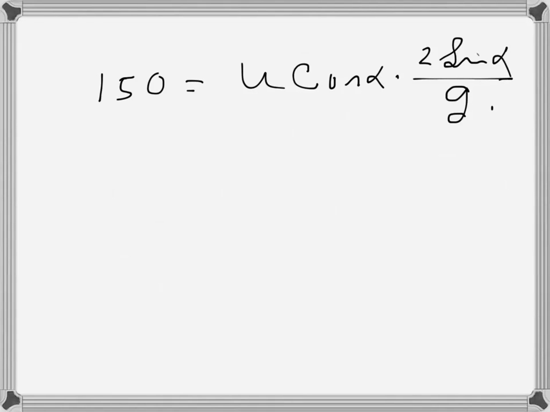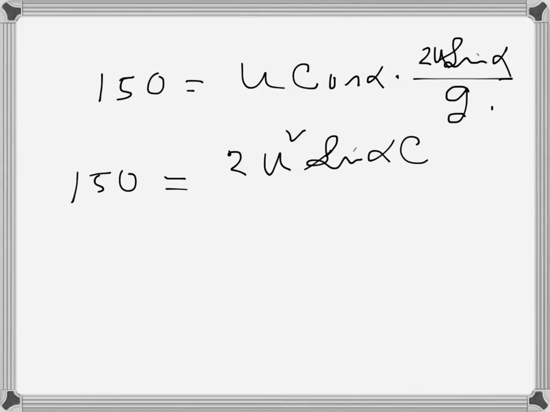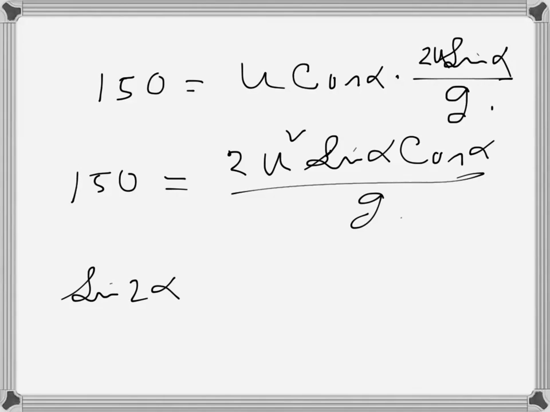so that can be written as 150 there, and here we have 2u square sine alpha cos alpha over g, or we can write sine 2 alpha equals 150 times g over u square.